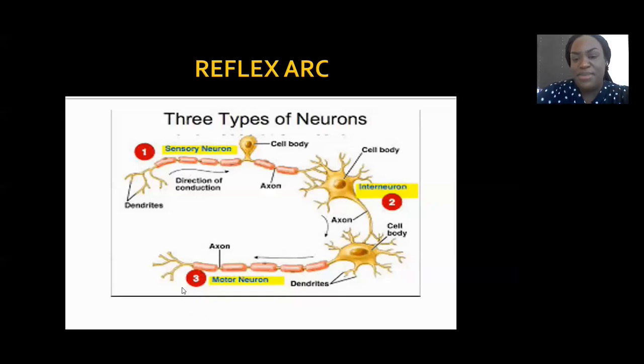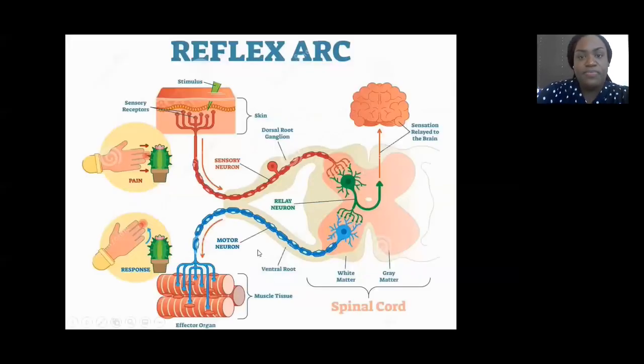So that's a very simplistic way of looking at it. Here I have another graphic of the reflex arc, and you see a lot of things going on here. Let's break it down. Here we have the sense organ, which in this example is the skin, and we have the stimulus.